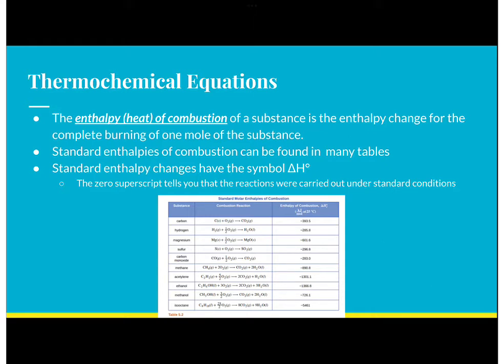Now, these standard enthalpies of combustion can be found in tables, kind of like a solubility chart or polyatomic ion chart. They are known values. So I've put an example of a chart down here below. And then standard enthalpy changes have the symbol delta H with a little 0 as a superscript. That superscript tells you that the reactions were carried out under standard conditions, 25 degrees Celsius, 1 atmosphere of pressure.